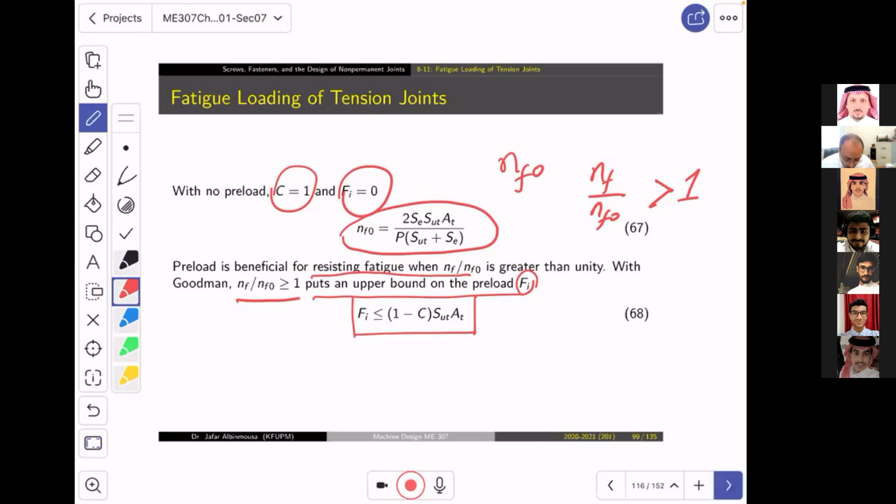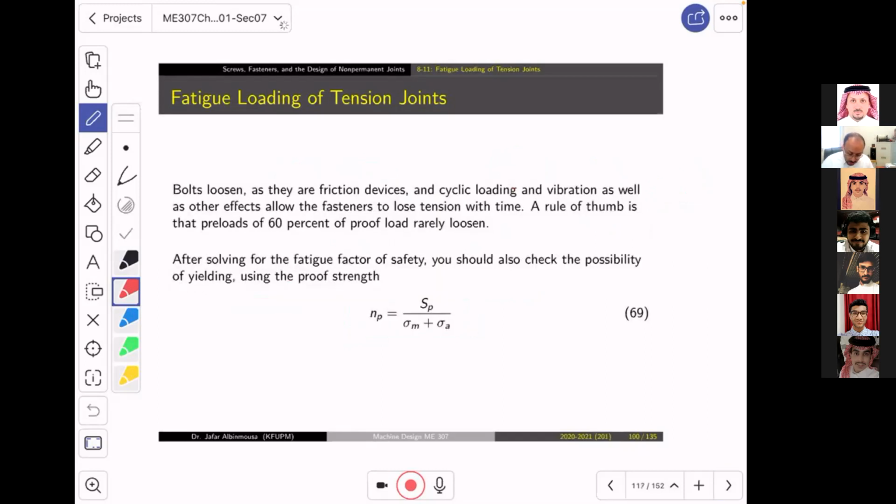Do you understand? The reason why we talked about no preload and put an upper bound on Fi is because fatigue shakes the machine, and vibration might end up letting the nut get loose. And that's where the problem happens. So you want a preload which is going to secure that the nut will not go loose.